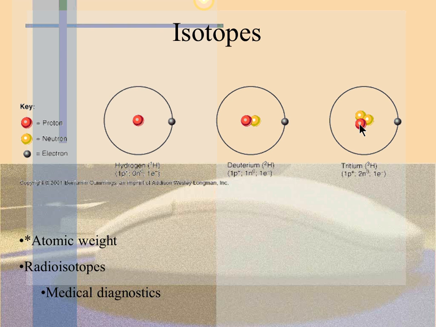atom or its element. And then how do you calculate the atomic weight? The atomic weight then is the average of all the isotopes put together. So if you take the average of all these three and put together, that is the atomic weight, because we never count the electrons in the weight, because electrons have a very negligible mass.